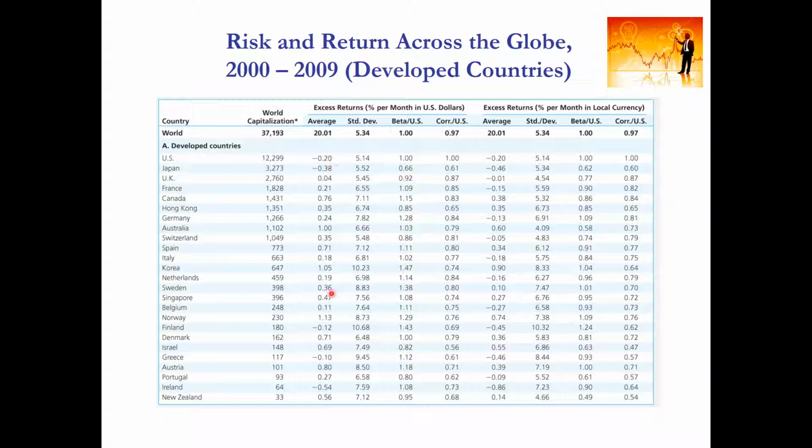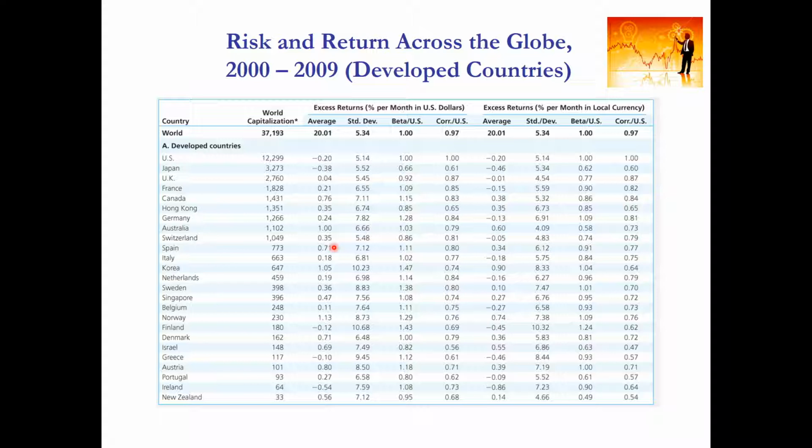So as we look down this list of developed countries, we can see there is quite a lot of variation across average returns. Interestingly, if you look at Australia, Australia is one of the markets that did very well during this period, and that's consistent with the argument that Australia was relatively immune to the global financial crisis, at least relatively compared with other markets.